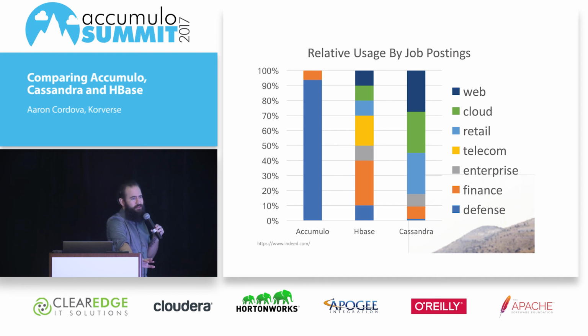If you just look at relative usage by job postings, Accumulo is overwhelmingly defense contractors hiring Accumulo folks. Now, we do see finance companies hiring Accumulo people. This morning I mentioned Accumulo is being used in lots of places, telecom, healthcare, marketing, and HBase has maybe a good, strong finance component, a smaller enterprise, bigger in telecom.